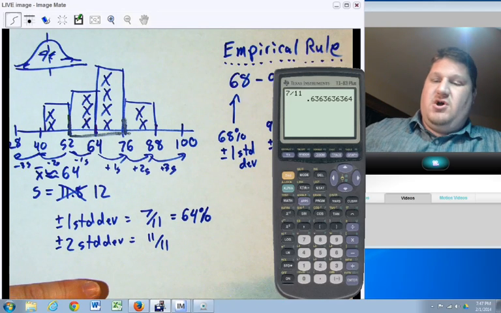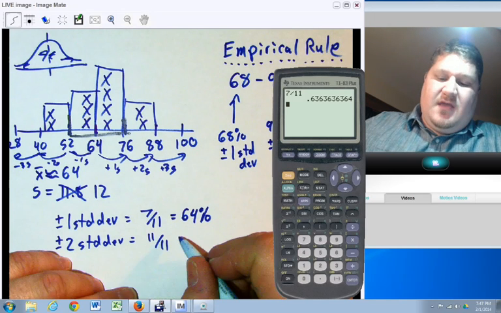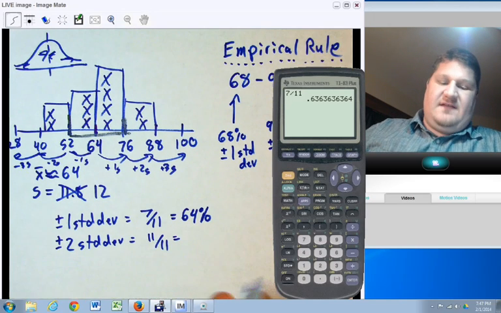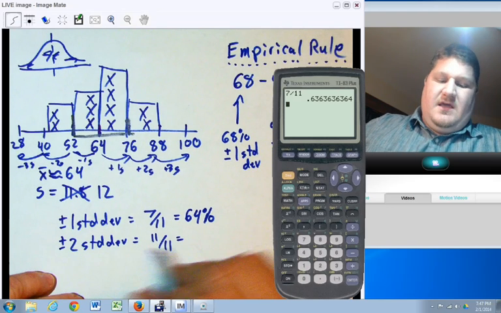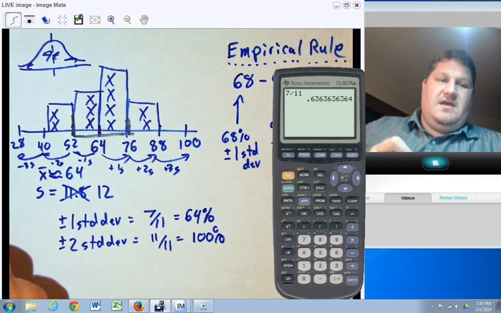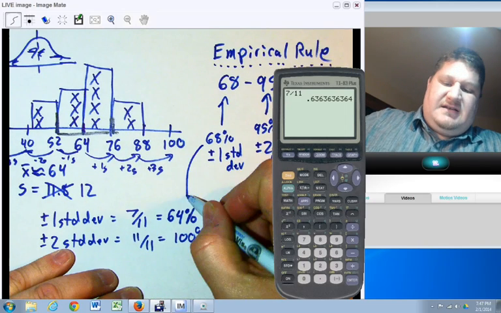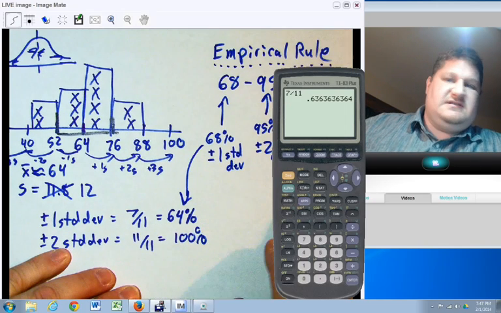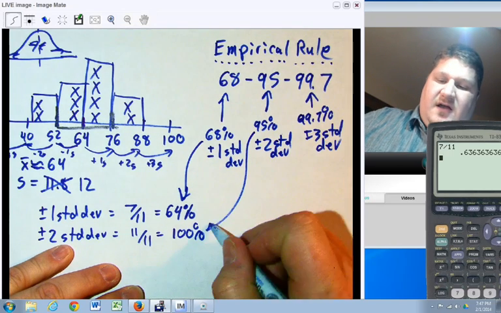There is no real set reason for why this data is what it is. So the fact that we're even anywhere close is a little bit amazing. For 2 standard deviations, we come up with 100%. And that's true. You say, well, that's high. Whereas we should have been expecting 68%, we got 64. And where we were expecting 95, we got 100.